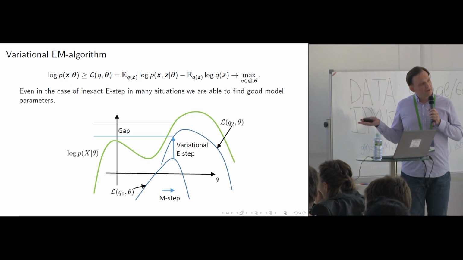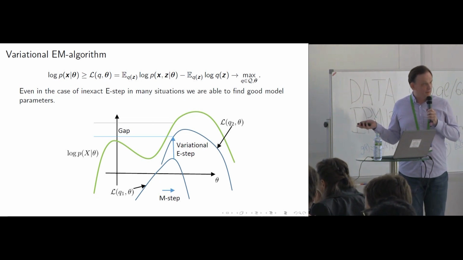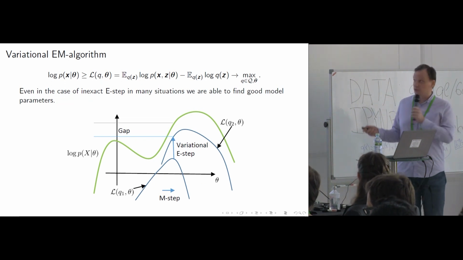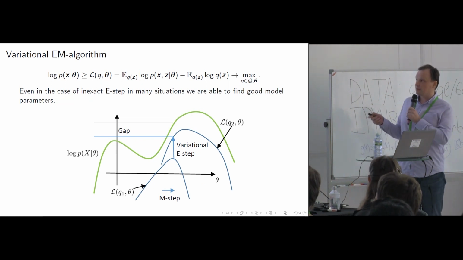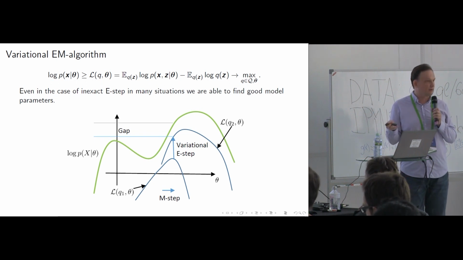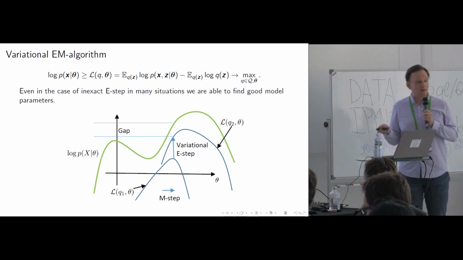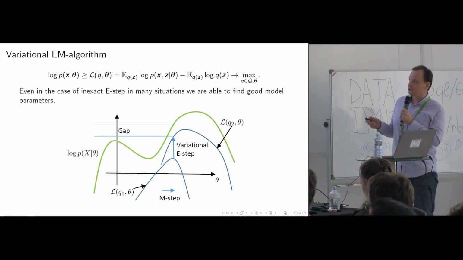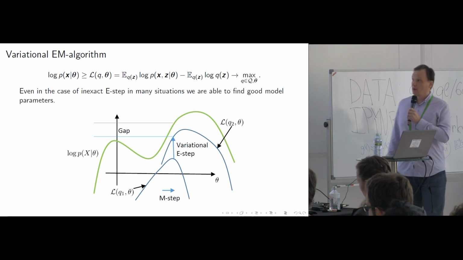In the variational EM algorithm, this is certainly not possible because we are not able to find the true posterior distribution here, and that is why we have some gap which is determined by the value of KL divergence between the true posterior distribution and our best variational approximation. So we make our variational lower bound that is not tight to the green curve.